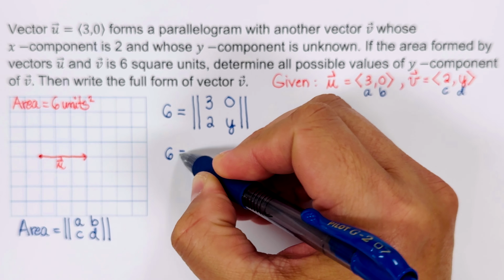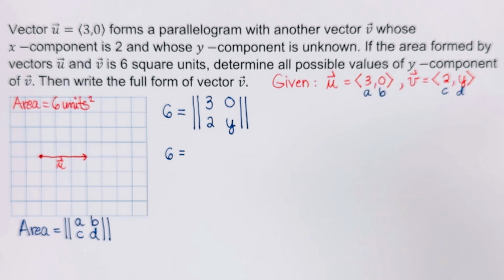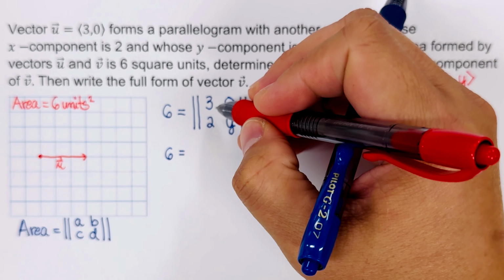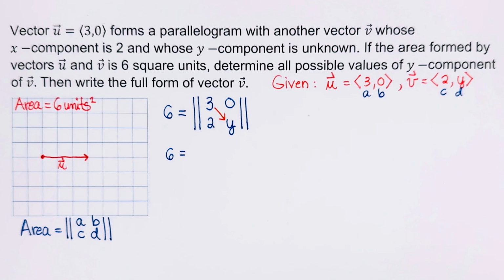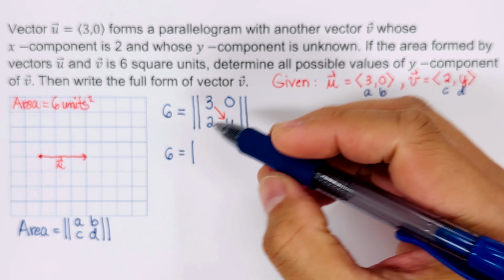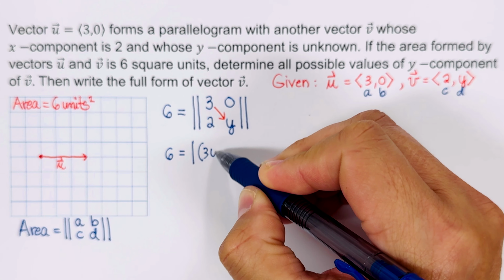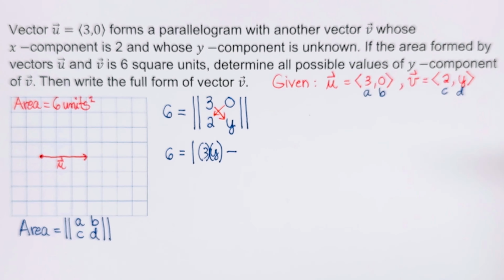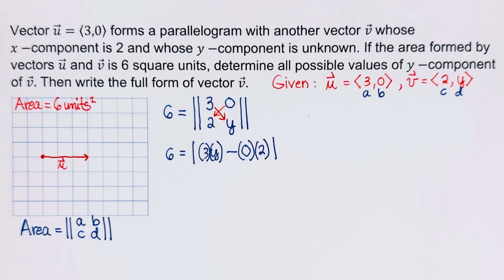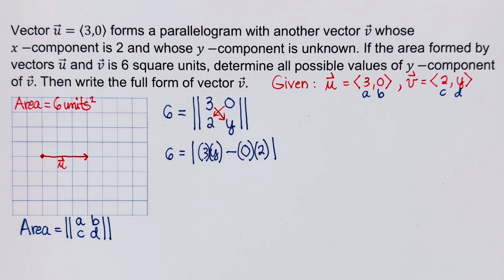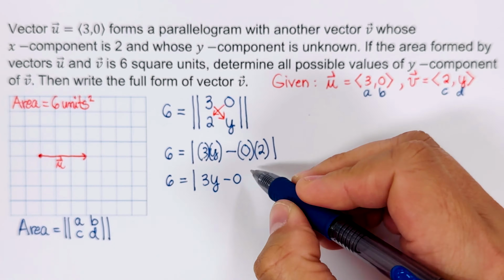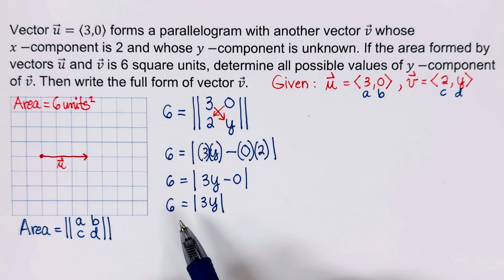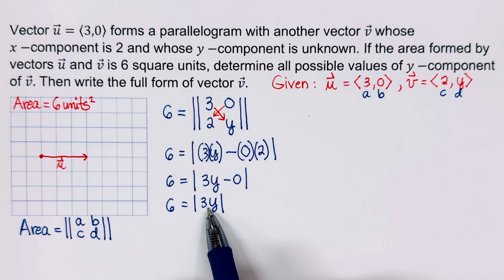To do this, we are just going to determine the product of the diagonals. So 3 times y. Again, this is absolute value. So 3 times y minus the anti-diagonal, 0 times 2. And that's absolute value. So we go ahead and do the math here. So we're able to come up with 6 is equal to 3y.